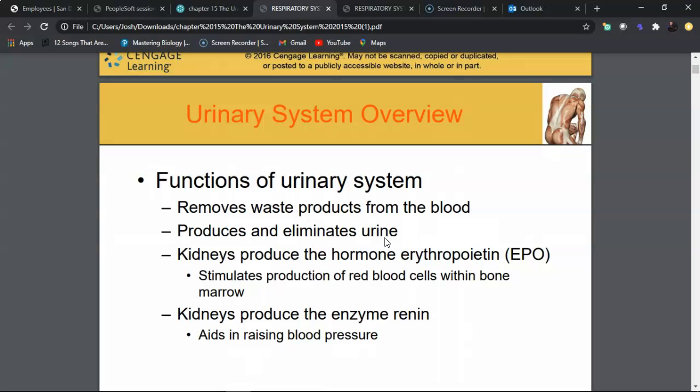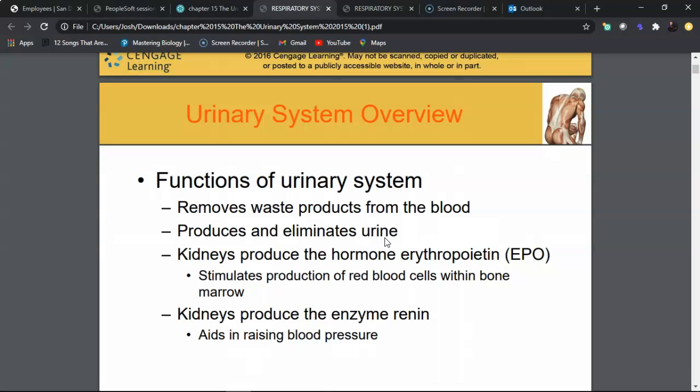So one of the hormones that the kidney secretes is called erythropoietin. You'll see it acronymed EPO, and there are some synthetic versions of erythropoietin that can basically stimulate red blood cell production within the bone marrow. There are certain conditions where people might have low erythropoietin levels, and those synthetic medications can stimulate red blood cell production within the bone marrow when people have problems with this hormone.